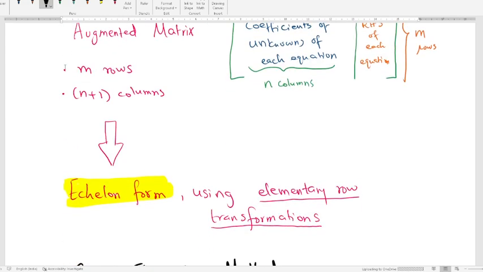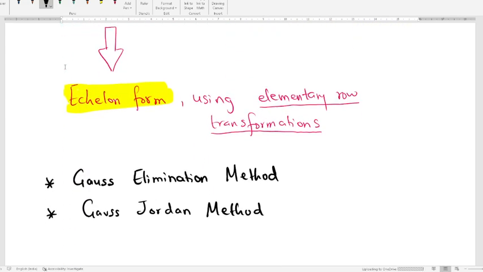Okay. Now, once we get the augmented matrix, we find the echelon form by using elementary row transformations. Today we are going to explore how to calculate the solution.